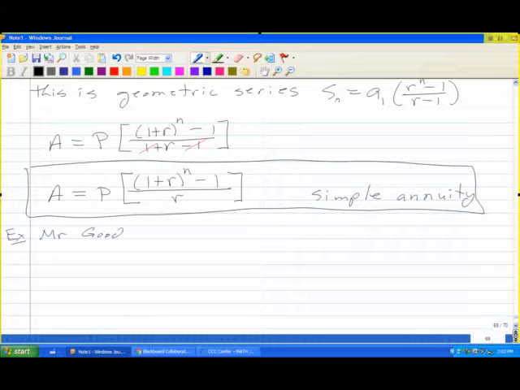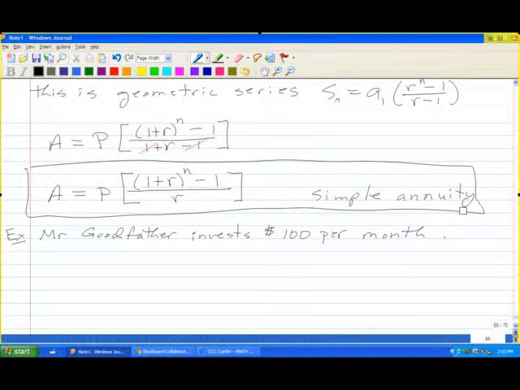Mr. Goodfather invests $100 per month for 20 years into an IRA.